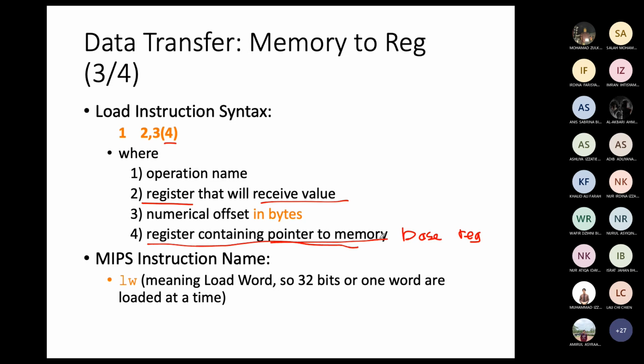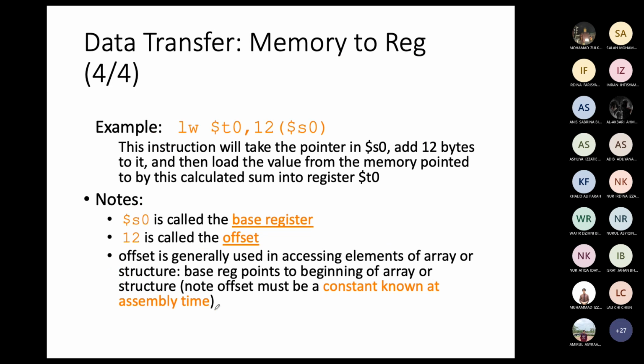Now if you refer to the green sheet, to transfer from memory to register we use the command LW, meaning load word. We load a word from memory and write it to the register, so 32 bits, or one word, are loaded at a time. For example, load word T0, 12 with S0 in brackets.